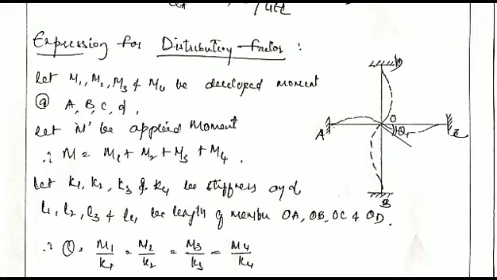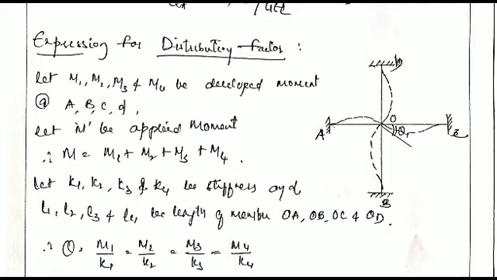So let M be the applied moment at point O, due to which the moments developed at the far ends are M1, M2, M3 and M4. These are the developed moments at the far ends due to the applied moment at the center point.